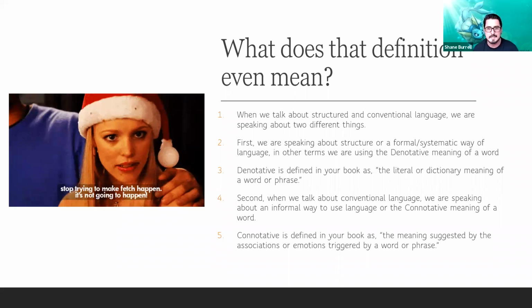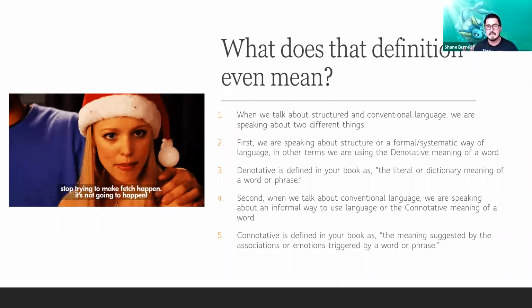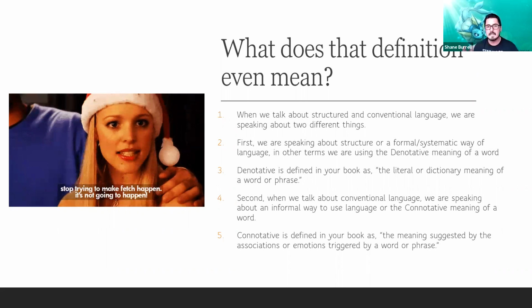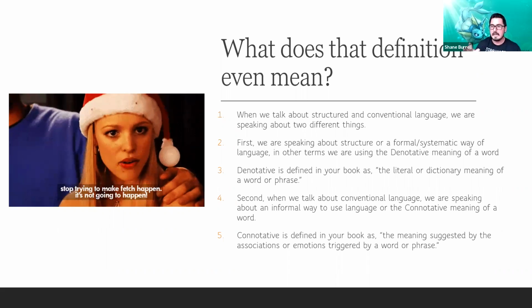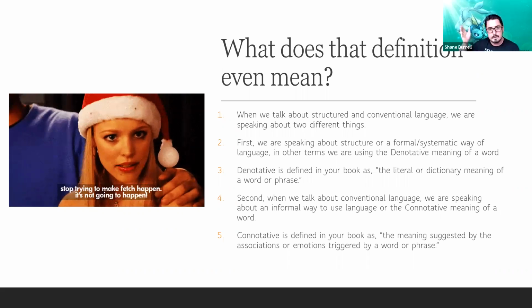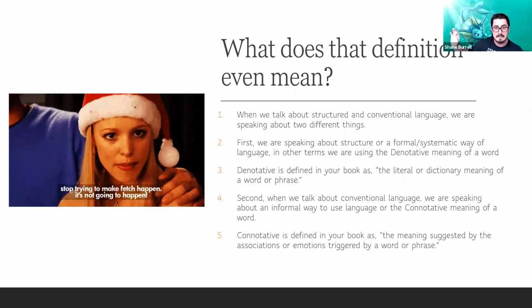So when we think about language, we want to think about it in these two constructs, right? We want to think about a structured language, which is a very formal, systematic way of speaking, A plus B equals C. And then we have a conventional language, which is A plus B, yeah, it might equal C, but more than likely it equals Z, as in zebra.